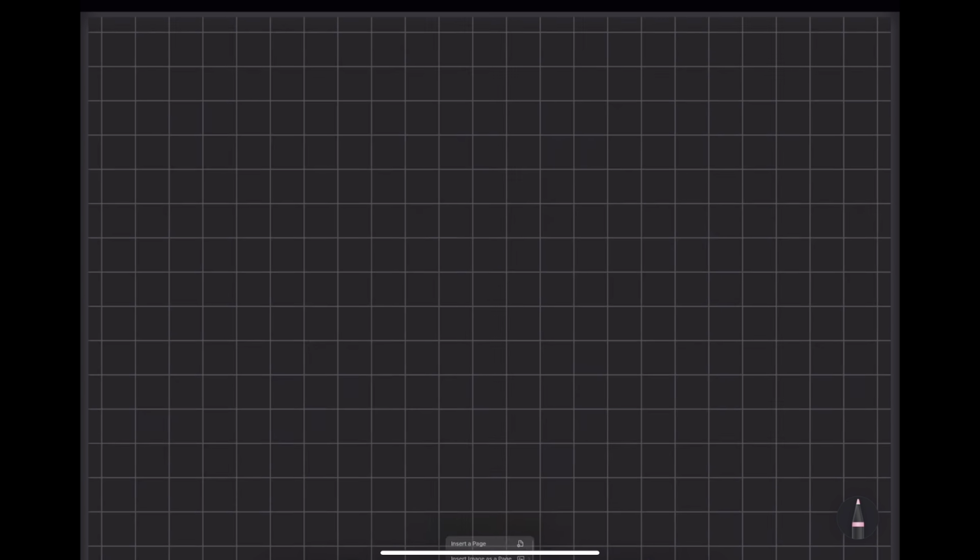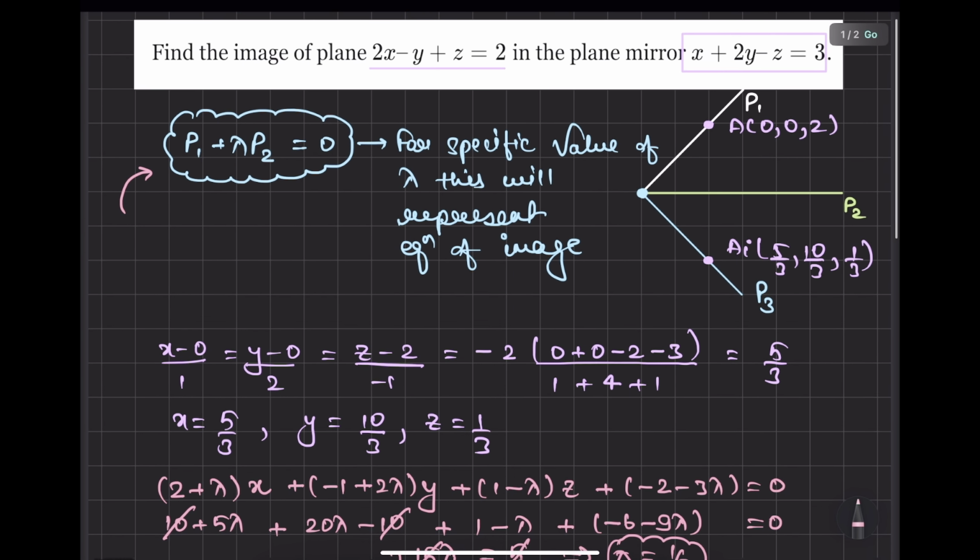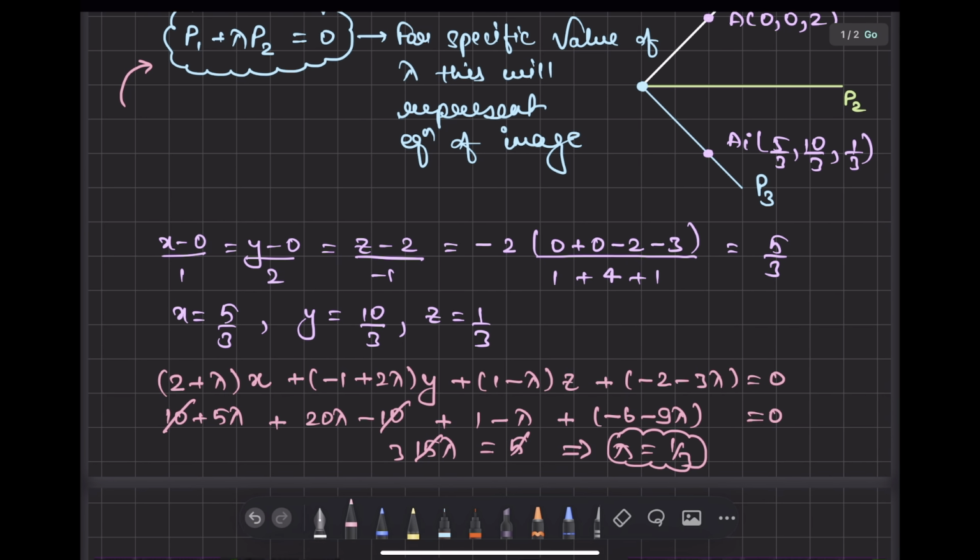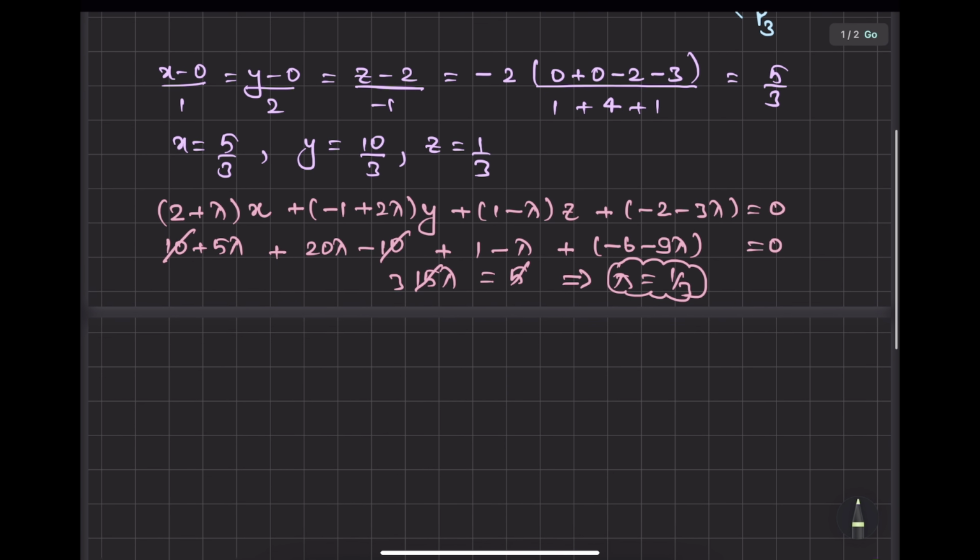Now you have got the value of lambda, so you can update the equation. The required plane, this was also your plane. You can substitute the value of lambda over here. So it will become 1 by 3 times, so 6 plus 1, it is 7x by 3.